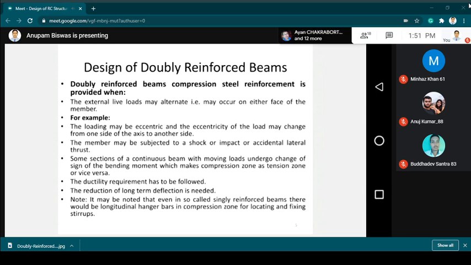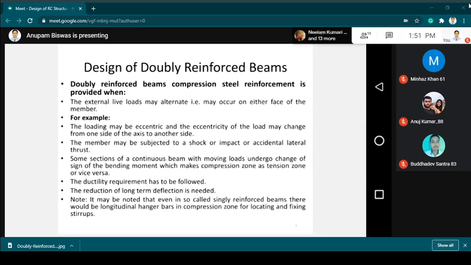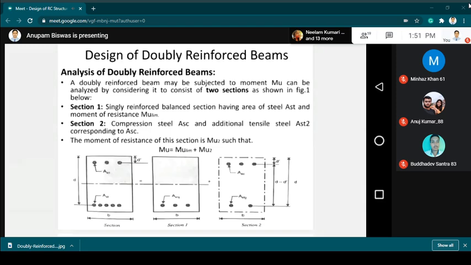Now we will be dealing with the equations. In the figure you can see there are sections shown. Section 1 is the section for a singly reinforced beam, where the reinforcement area Ast is available at the tension zone.